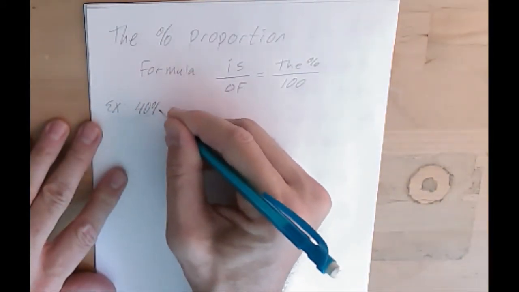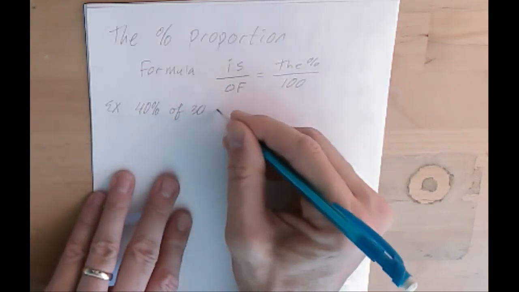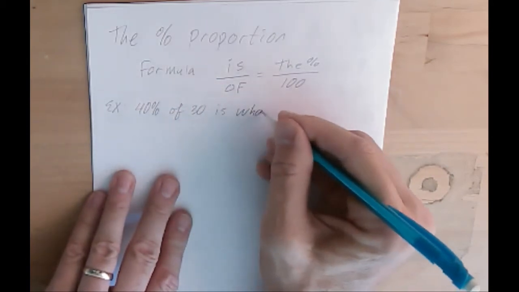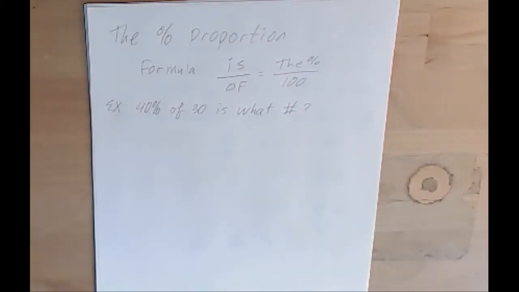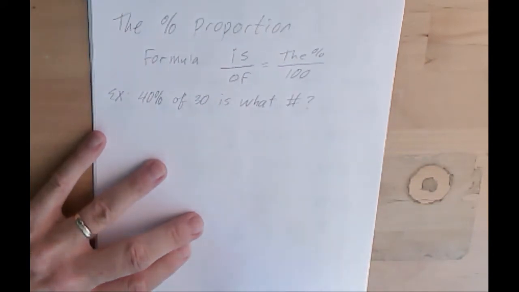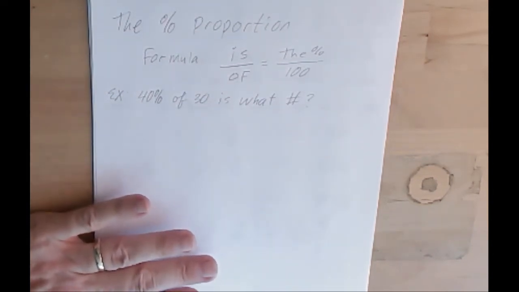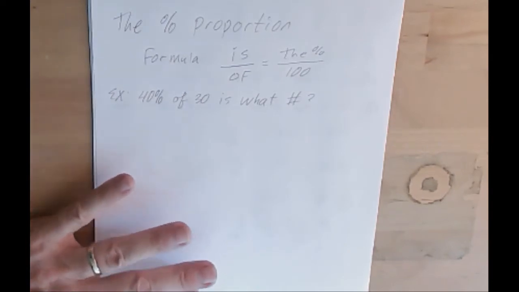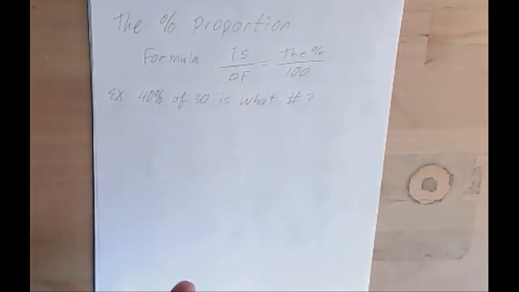Example: 40% of 30 is what number? Question mark. 40% of 30 is what number? So in my formula, I need the percent, I need an is, and I need an of.